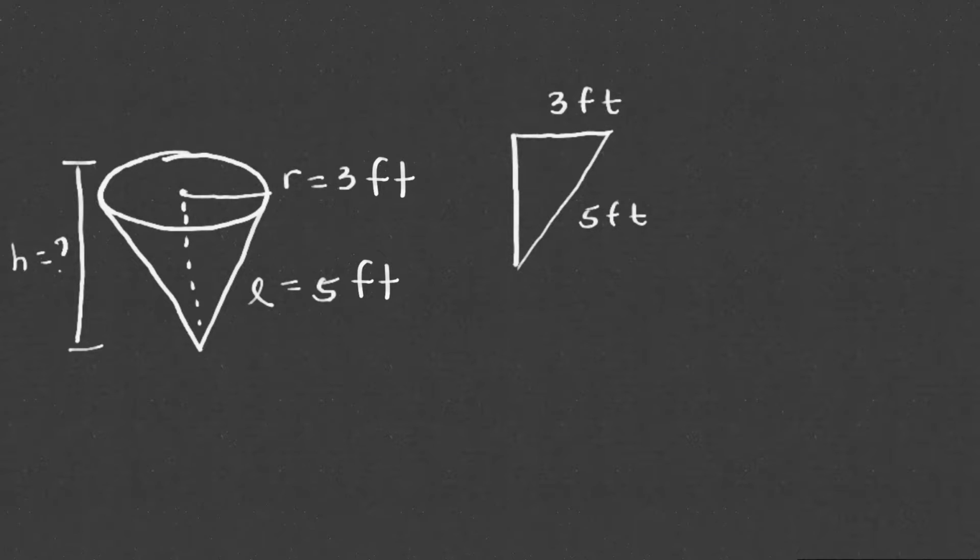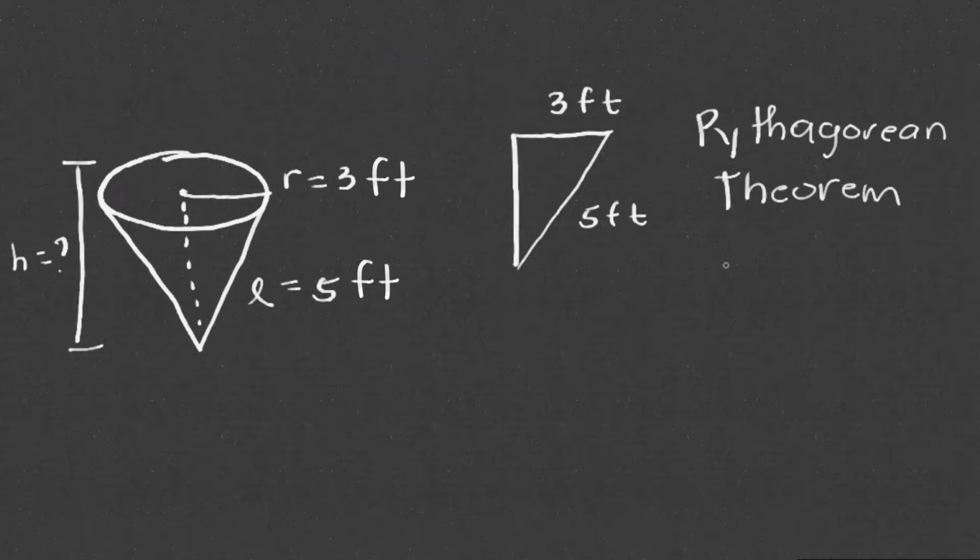The formula we're going to use to solve this triangle is the Pythagorean theorem, in which a squared plus b squared is equal to c squared, in which a and b can be either the adjacent or the opposite, and c is the hypotenuse. So we're finding the opposite, which is the height of the cone.